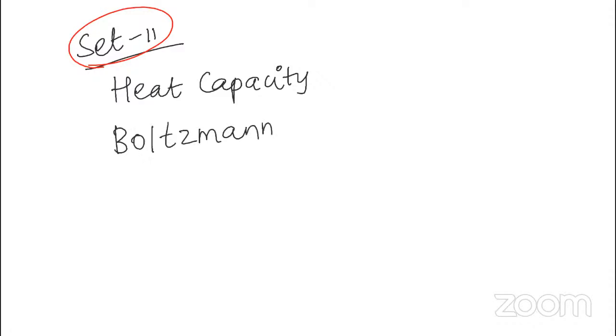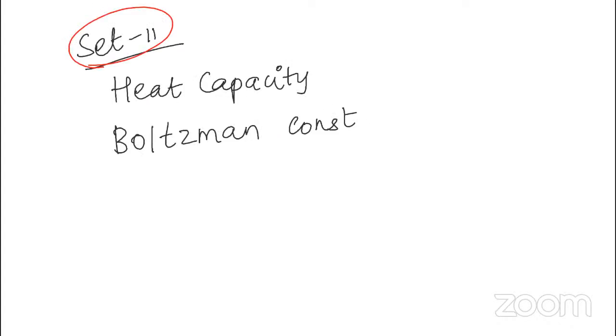Sometimes they put R by N also, it is a Boltzmann constant. So what is the value for this one? That is M L square T power minus 2 K power minus 1.